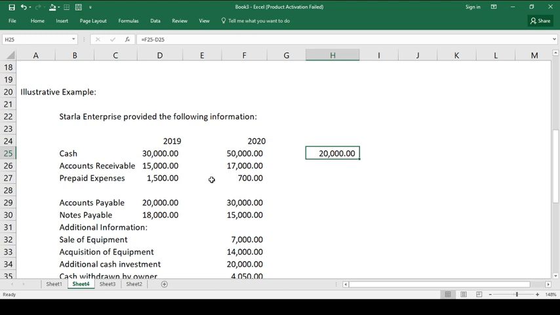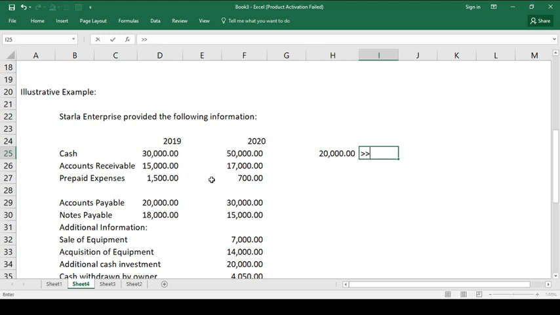Bakit po natin ito hindi isasama? Kasi itong change on the cash balance, ito po yung kinukompute natin on the statement of cash flow. So that's why I determine first the change on the cash balance, because itong 20,000 must be the net change na mako-compute natin on the statement of cash flow.